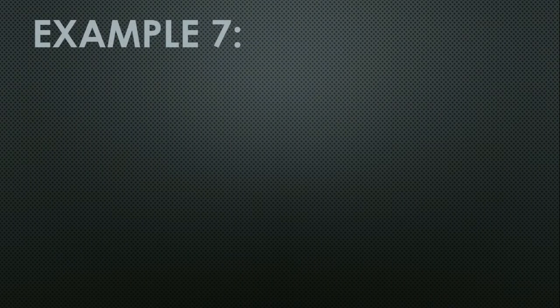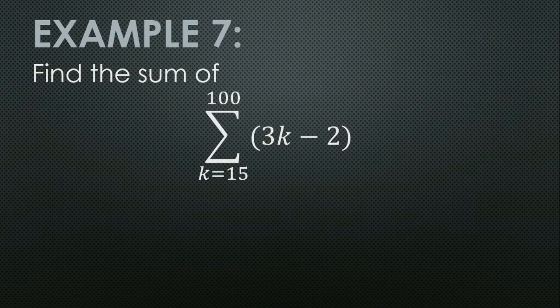Understood? For the last example, example 7, find the sum of the summation of 3k minus 2 from 15 to 100. This is the example where, before we use the sum of the powers of integers, we first need to write it in terms of natural numbers.